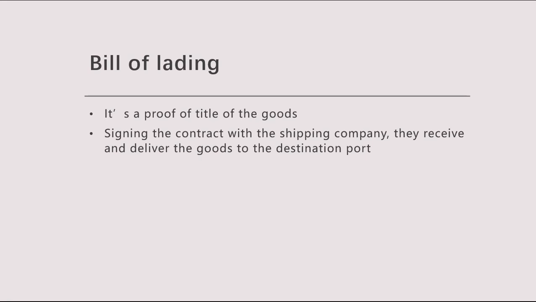About the contract: essentially, bill of lading is the contract between the seller and the shipping company. In that contract they will have the terms for delivery, insurance, the name and type of goods, as well as the quantity of the goods being shipped.